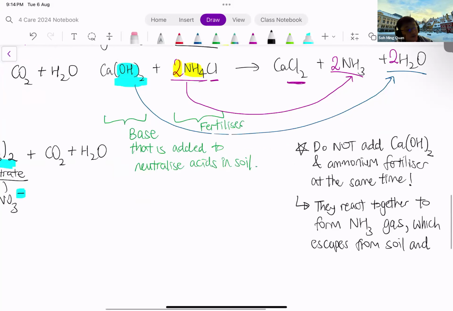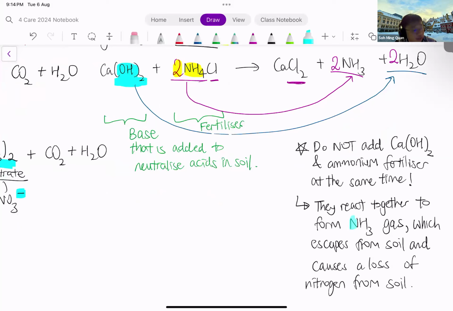And if it escapes from the soil, it causes a loss of nitrogen from the soil. The formula of ammonia has nitrogen inside it. So if ammonia gas escapes, it's equivalent to saying nitrogen is escaping. If nitrogen escapes, then you got less nitrogen left in the soil.